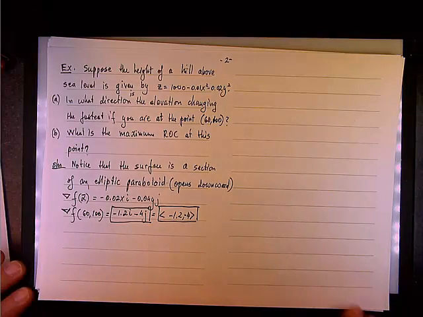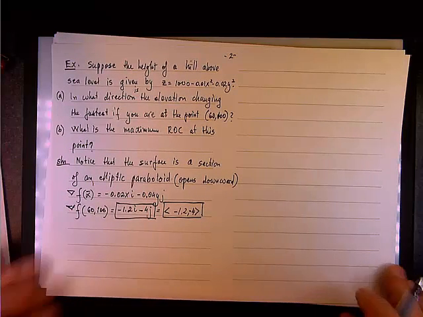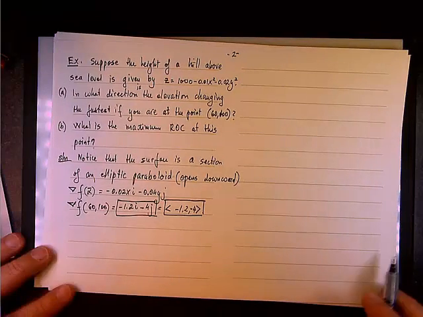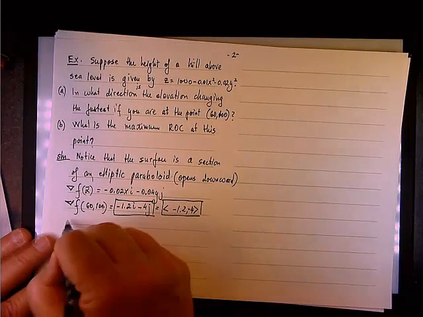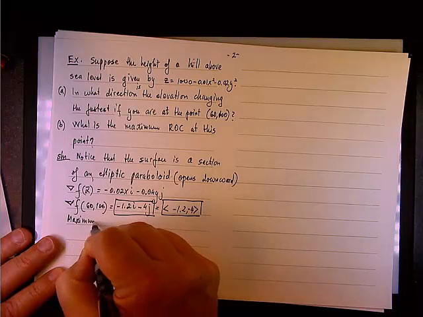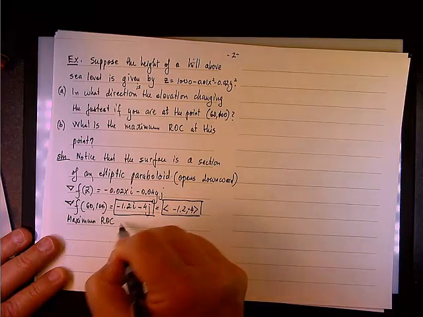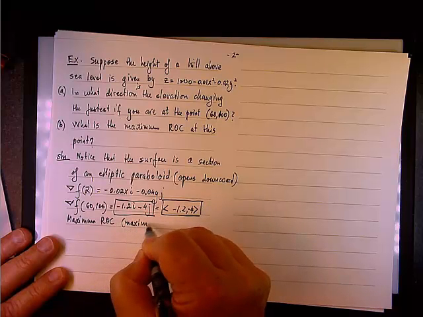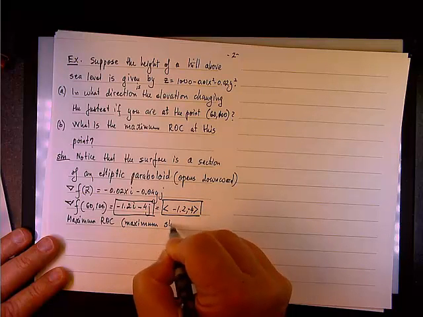Because the theorem that I gave you on the previous page states that the direction of the maximum rate of change occurs in the direction parallel to the gradient. Okay. So what is the actual rate of change at this point? Then it would be the magnitude.